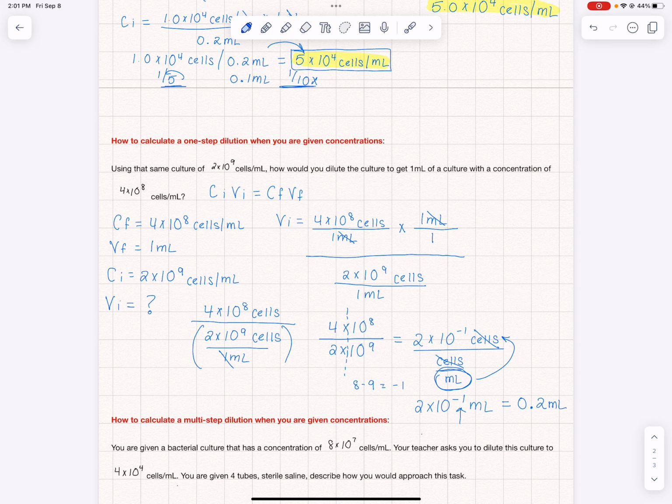And we also know that 0.2 mils is the same thing as saying 200 microliters. And so now we know that our answer for how much culture we would need to take to dilute into 1 mil is going to be 200 microliters.